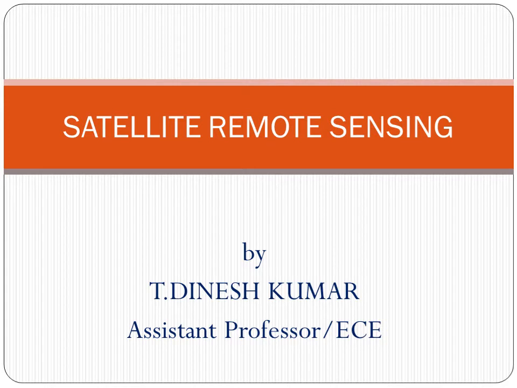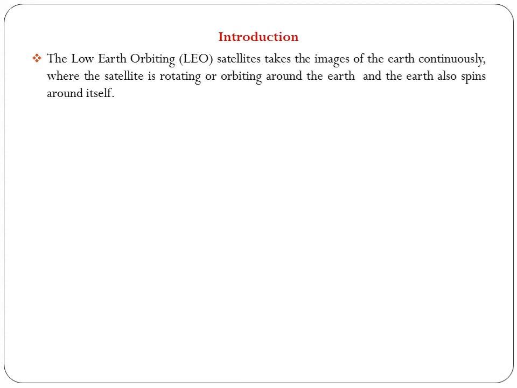In this video, I'm going to explain satellite remote sensing by GPS. In the introduction part, I'm going to give you an introduction about satellite remote sensing, how it is being done.